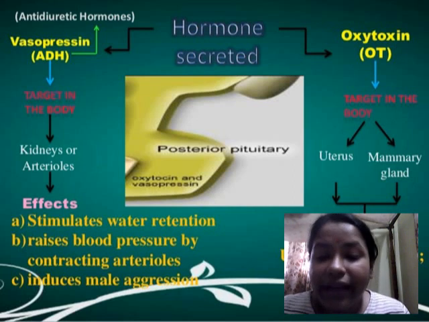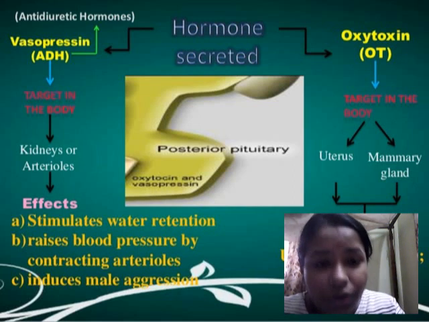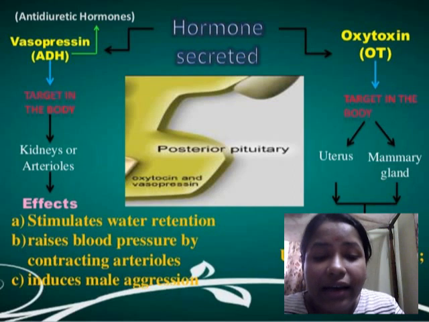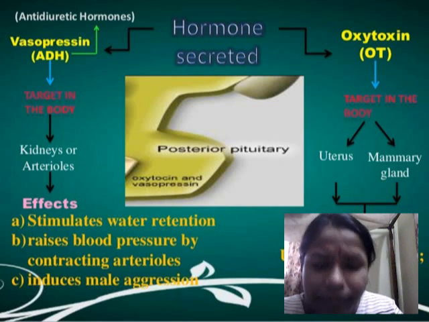The next one is oxytocin hormone, which targets the uterus as well as the mammary gland.